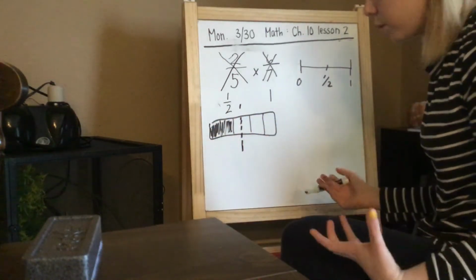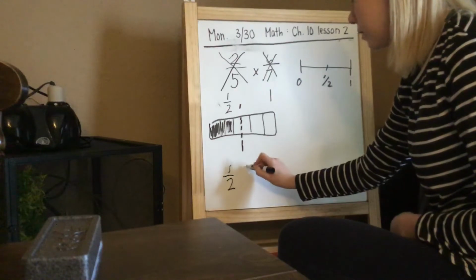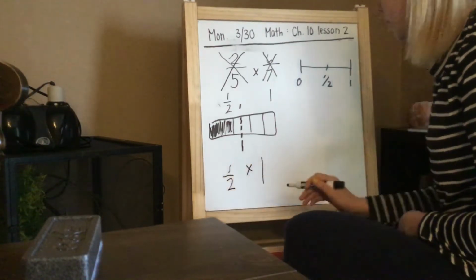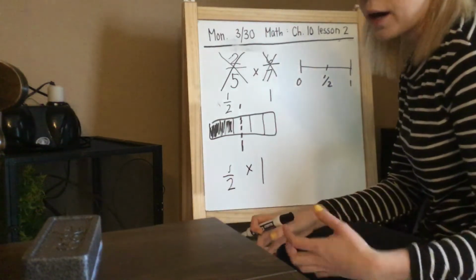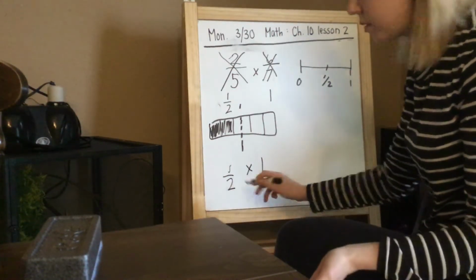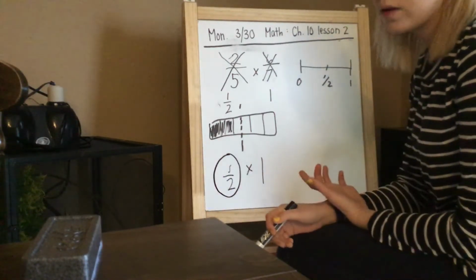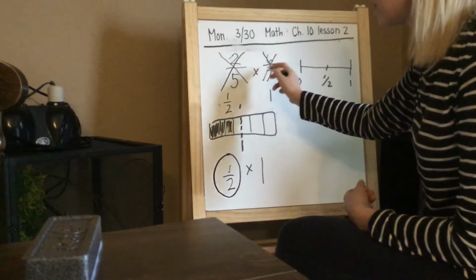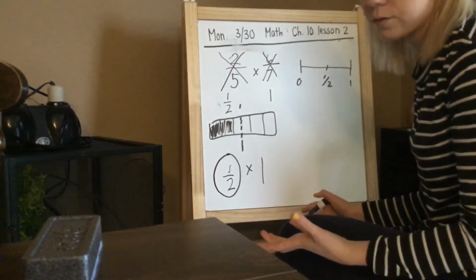So now my new problem is 1/2 times 1. And we can all do that in our head, because anything times 1 is just the first number. So this answer would be 1/2. So 2/5 times 6/7 is really close to 1/2.